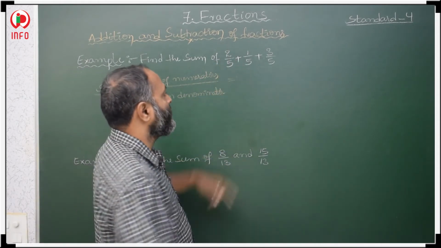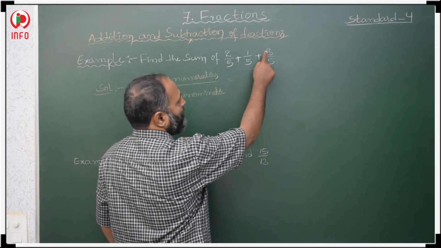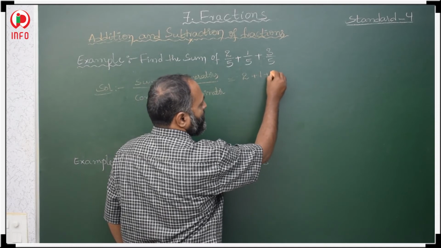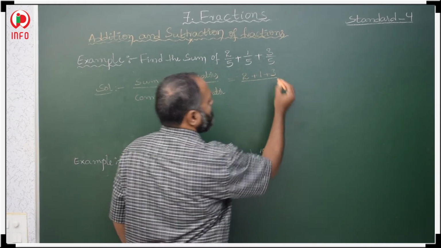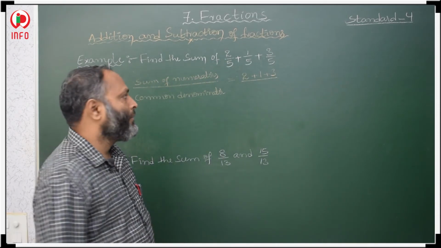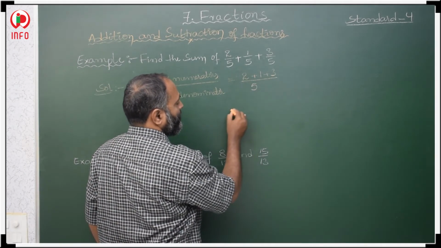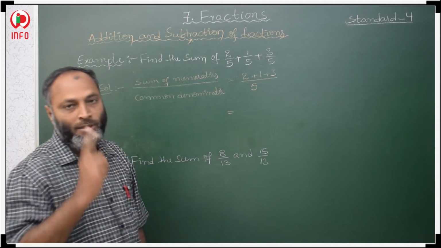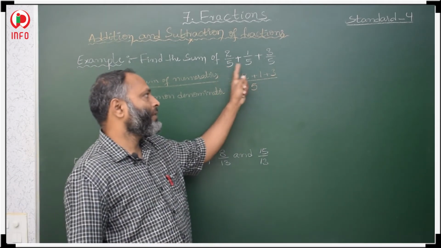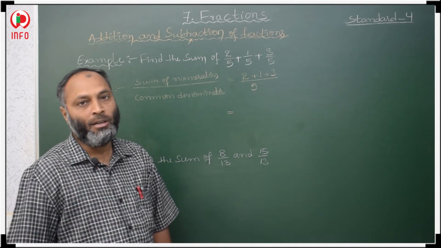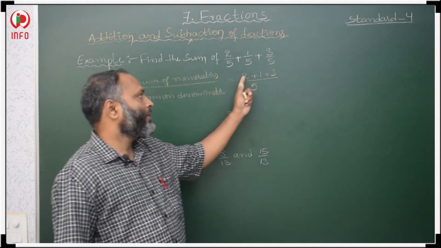What are the numerators here? 2, 1, 3. So we add 2 plus 1 plus 3 divided by the common denominator. What is the common denominator? 5. That common denominator we write only once. Here 3 times 5 is there, so we write that common denominator one time in the denominator. Then all the numerators we add.